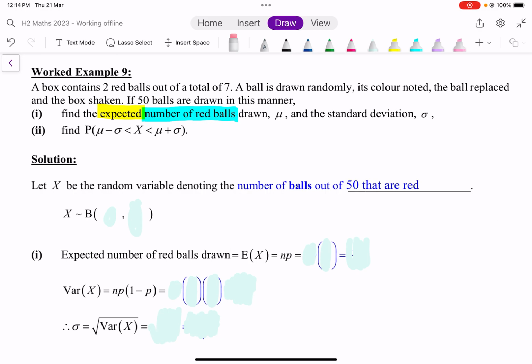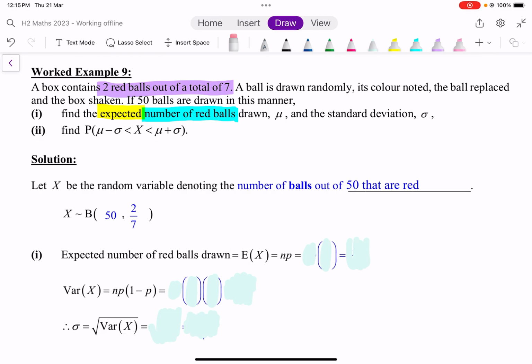This is a binomial distribution. They are doing it 50 times, right? So the sample size will be 50. The probability that you will get a red ball, given by the question, is 2 out of 7, because there are 2 red balls inside there. So the probability of success here will be 2 over 7.